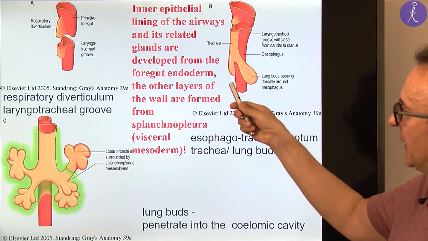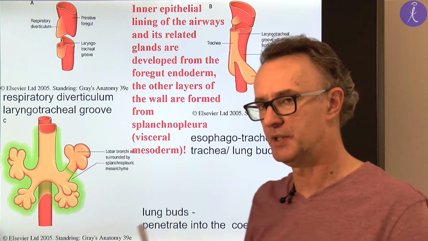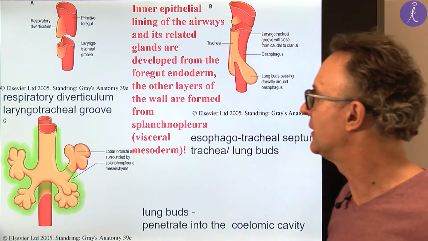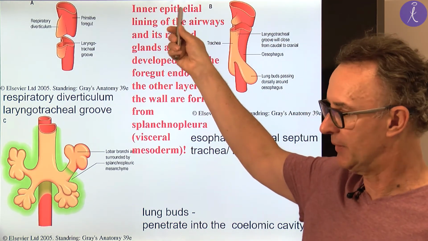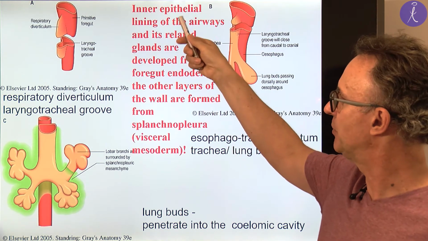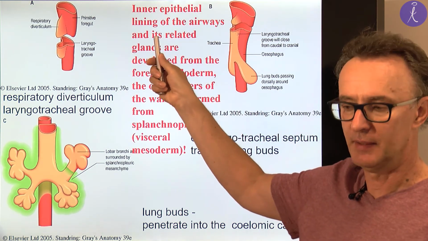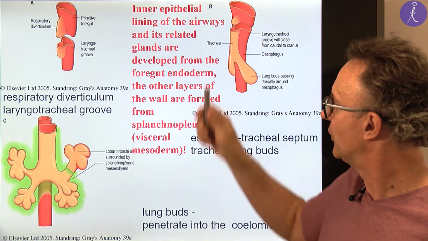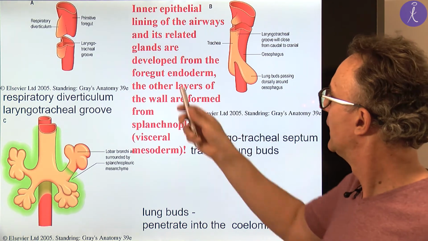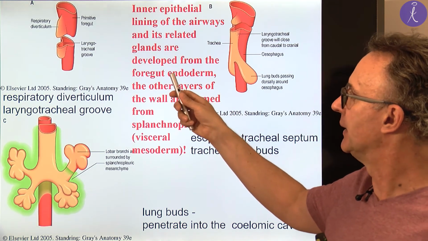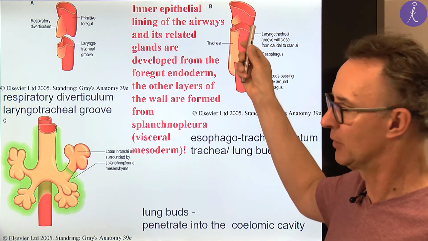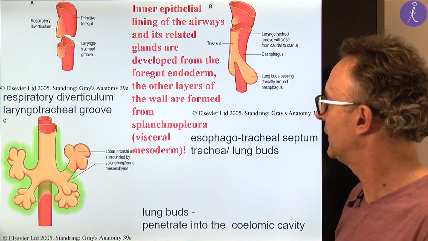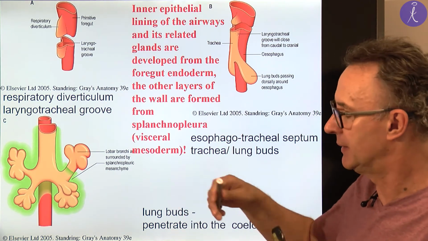But here I wanted to highlight something. This is maybe the most important statement in this lecture regarding the derivatives of the respiratory tube. The inner epithelium lining, of course, of the respiratory tube and the related glands are from the endoderm of the foregut, because the gut is from the endoderm regarding the epithelium and also the glands.